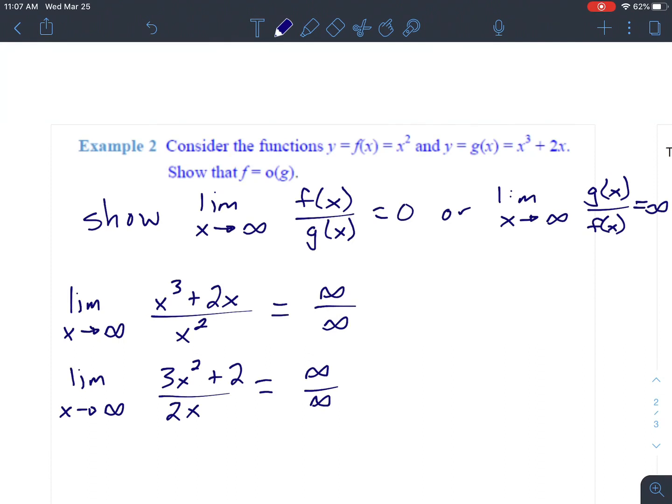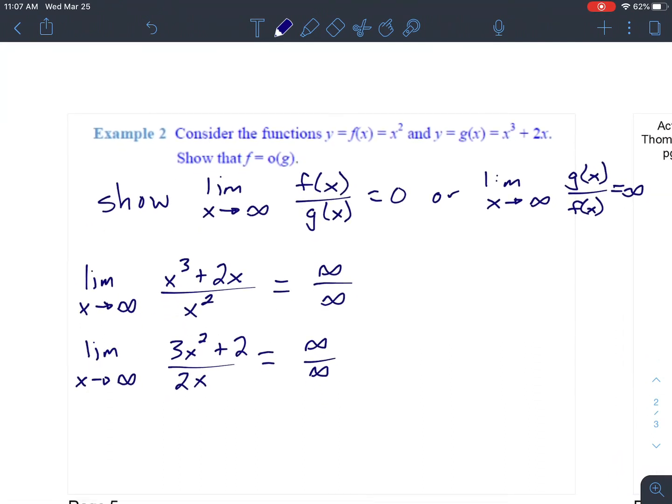We still get infinity over infinity. We're going to have to do L'Hopital's again. We get this time 6x over 2. And when we put in infinity, we get infinity over 2. We get infinity. And I put a check mark there to show that, yes, we did prove that f is little o of g.